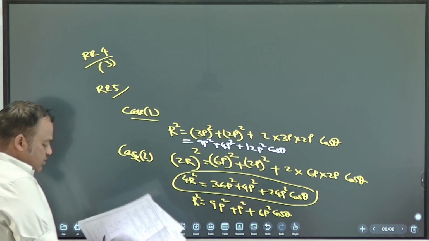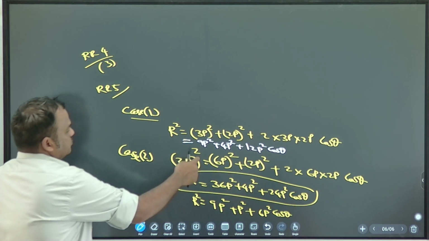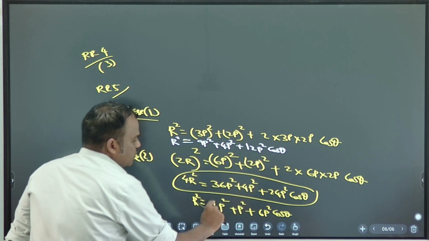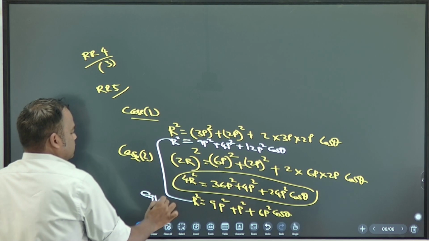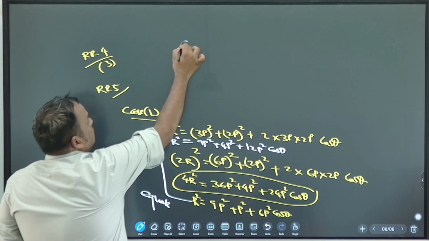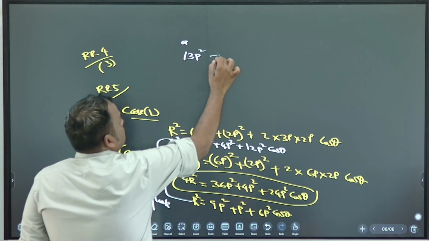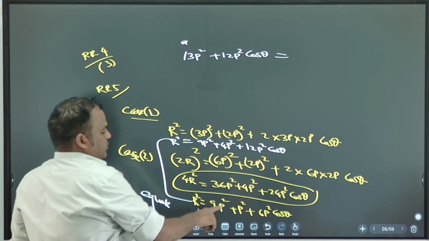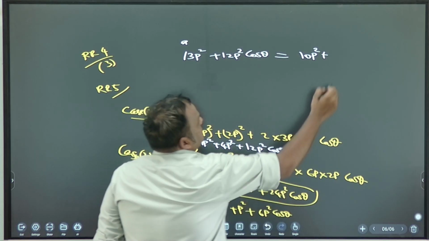So equate these two. This is R square, this is also R square. Equate. So 13P square plus 12P square cos theta is equal to 10P square plus 6P square cos theta.